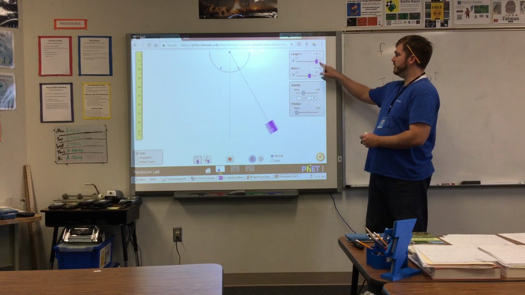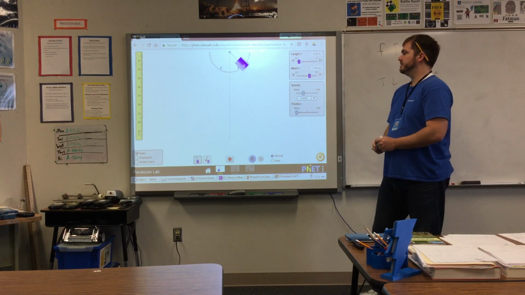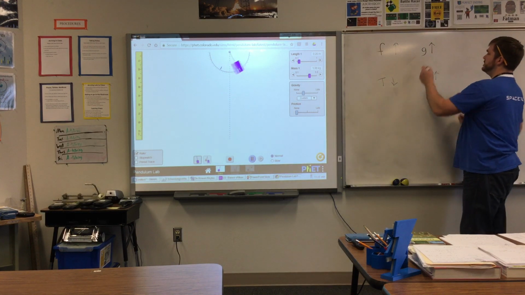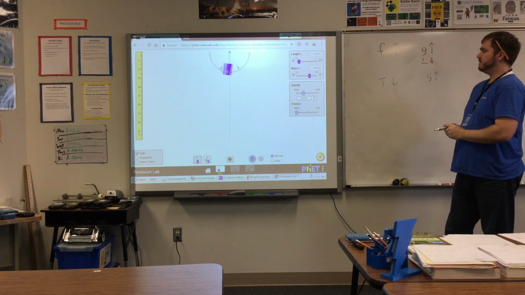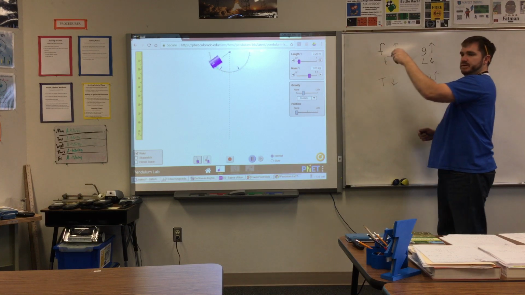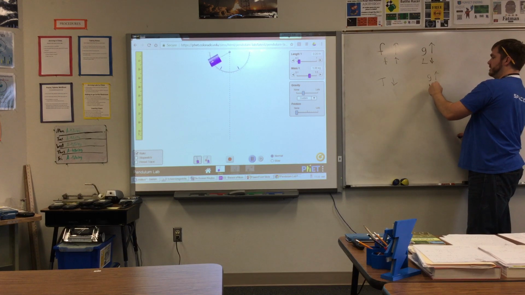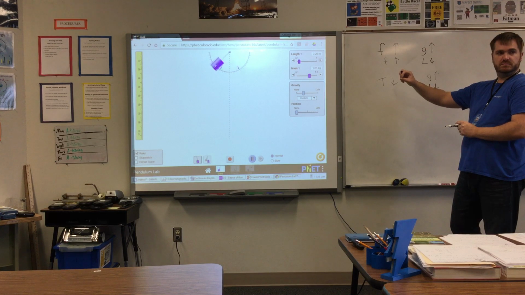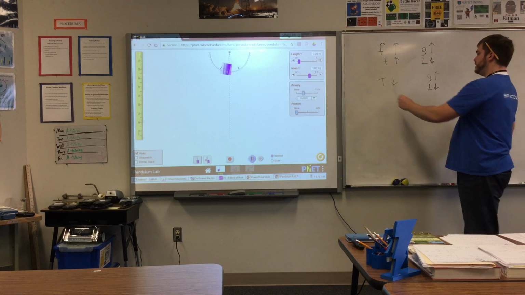All right. Let's go ahead and change the length. So, as the length decreased, what happened to the frequency? Yeah, it increased. The frequency, it's going back and forth faster. So as the length decreased, so a shorter length, the time period, the time that it goes from back and forth, yeah, it also decreased.